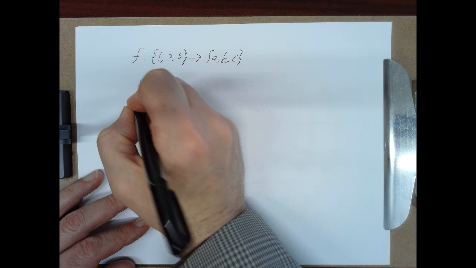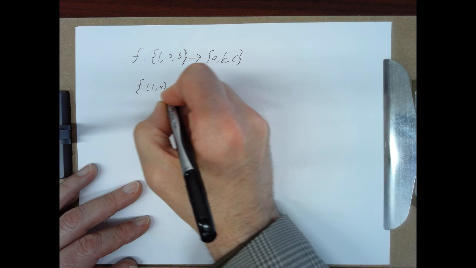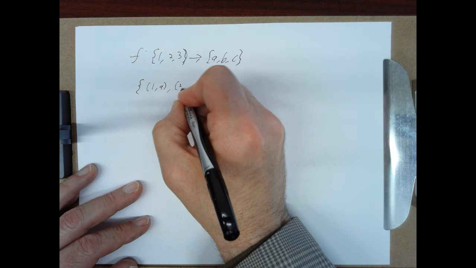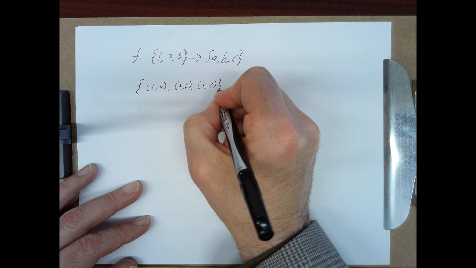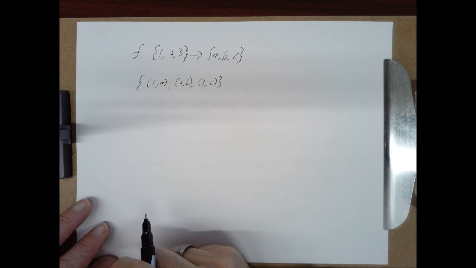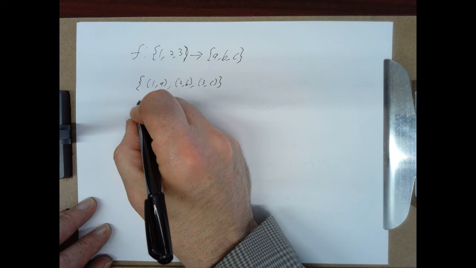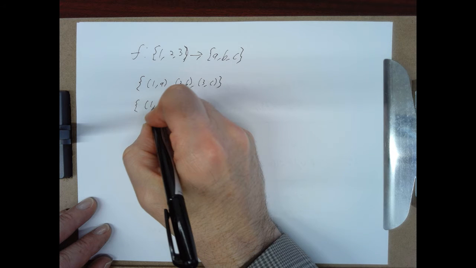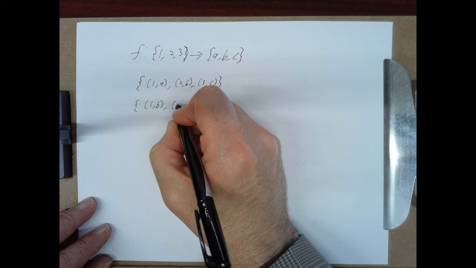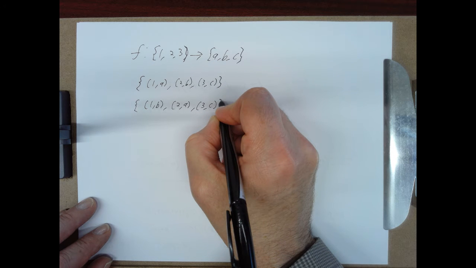Say again? 1, comma A. 2, comma B. 3, C. Cool. Any others? Is there a rule you can use to avoid writing them all out? Or do you just write them all out? I would just write them all out.